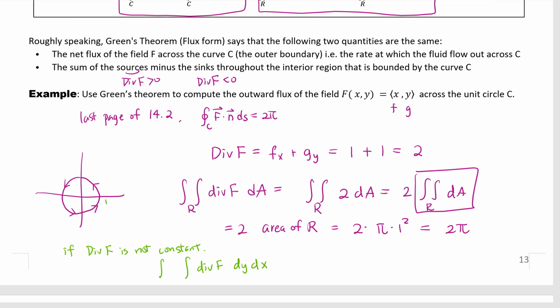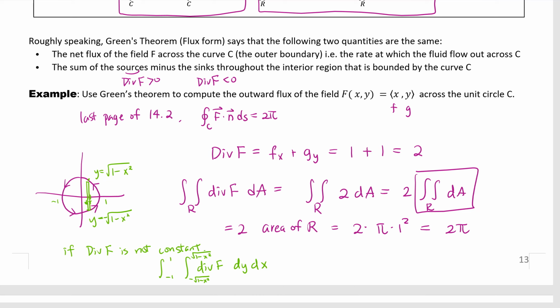This means I have a width dx, and next you draw a rectangle that is parallel to the y-axis. What is the upper curve? That is the square root of 1 minus x squared. What is the bottom curve? Negative square root of 1 minus x squared. And x is from minus 1 to 1.